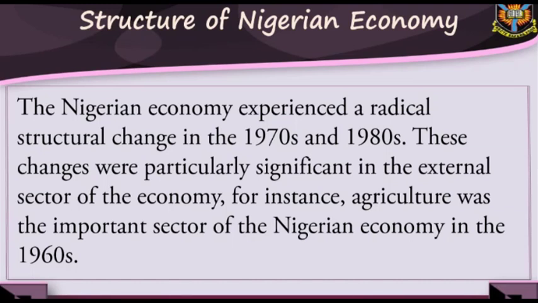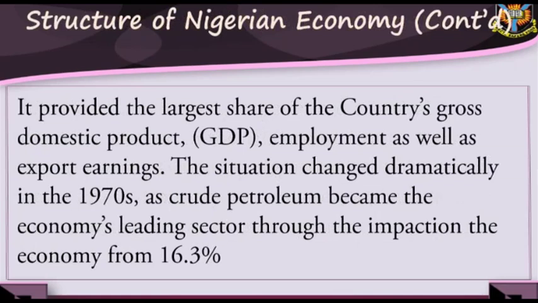It provided the largest share of the country's gross domestic product, GDP, employment as well as export earnings. The situation changed dramatically in the 1970s as crude petroleum became the economy's leading sector.